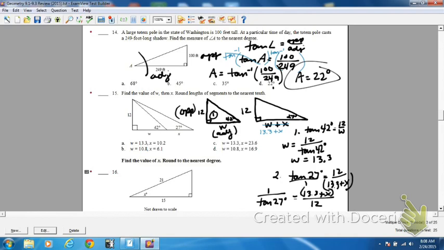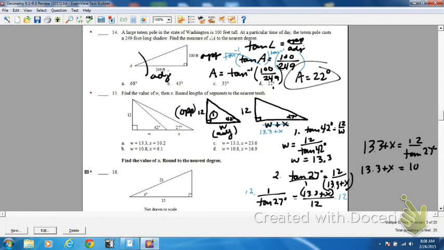Okay, again, we're not going to do anything with that yet. Multiply both sides by 12. And you get 13.3 plus x equals 12 over tangent of 27. 13.3 plus x equals 12 divided by the tangent of 27.